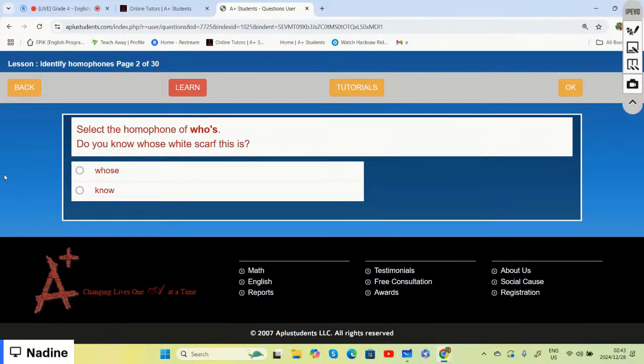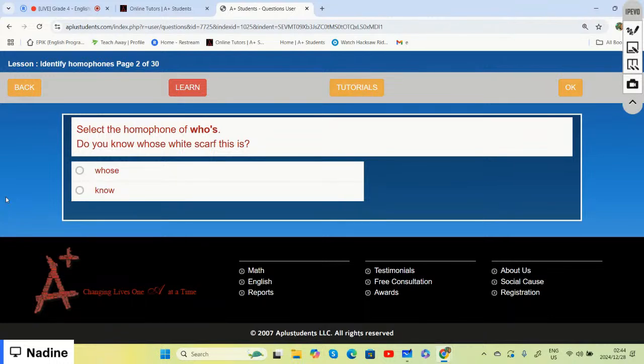We need to select the homophone of whose. Here we have whose, which is who's. And remember this word, it is a contraction, right? It is basically short for who is. Do you know whose white scarf this is? So option one, is it whose, or option two, no?